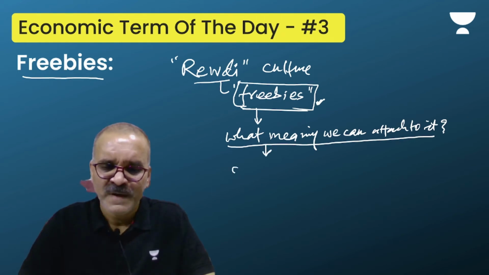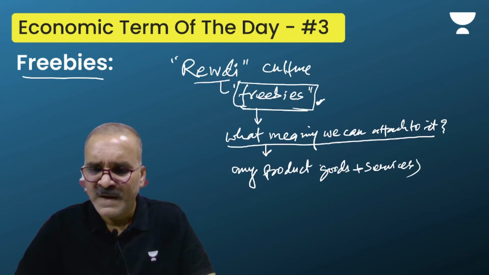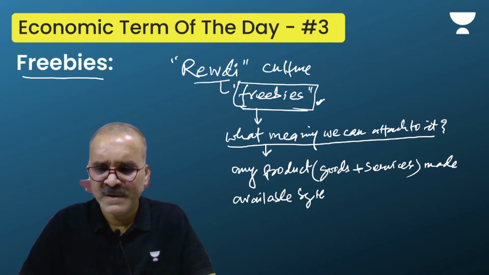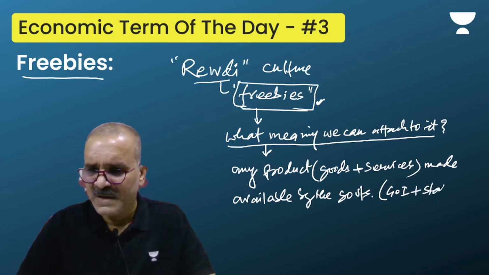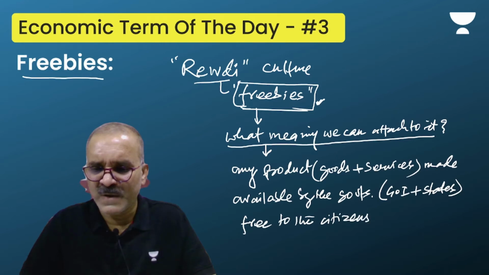Simply put, any product, product means goods plus services, any product made available by the governments, when I use the term governments, I mean government of India plus states both, any product made available by the government free to the citizens, they are known as freebies.